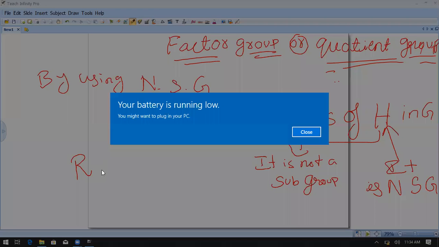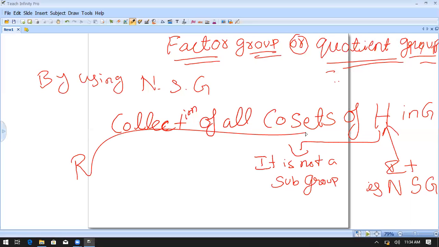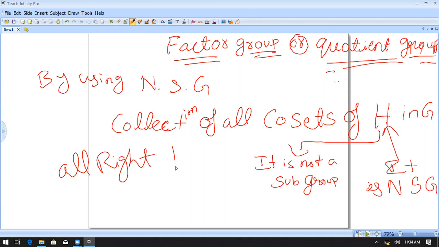Only right cosets: all right cosets of H. This collection of all right cosets of H is called a factor of a group, or a quotient group.